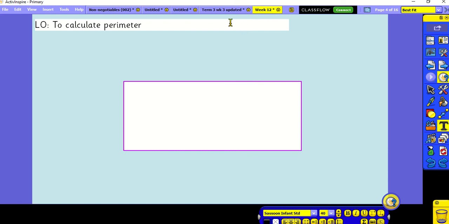I can tell you that the perimeter is 40 meters. And I can also tell you that this side is 5 meters. I would like you to pause the video now and see if you can work out what all of the other sides are. Off you go.